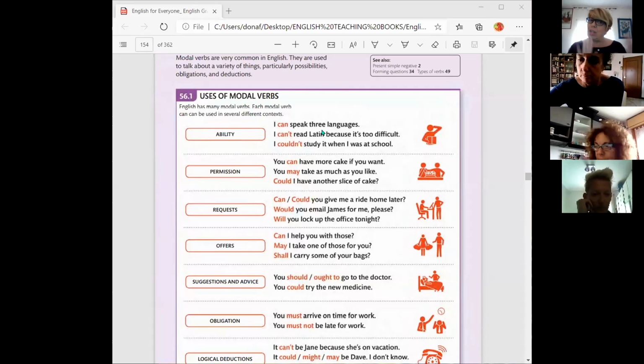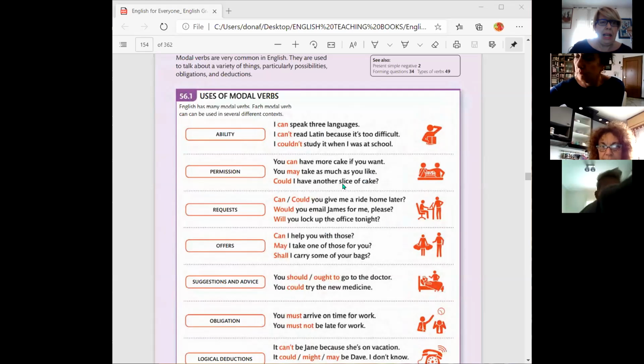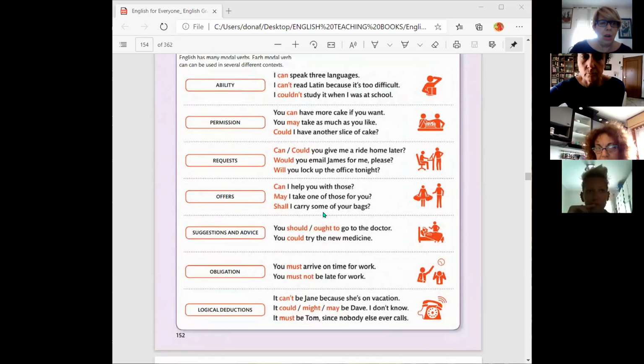No, they are just divided by their use, because this is the only way to distinguish them. So we divided them into ability, permission, requests, offers, suggestions and advice, obligation, and logical deduction.